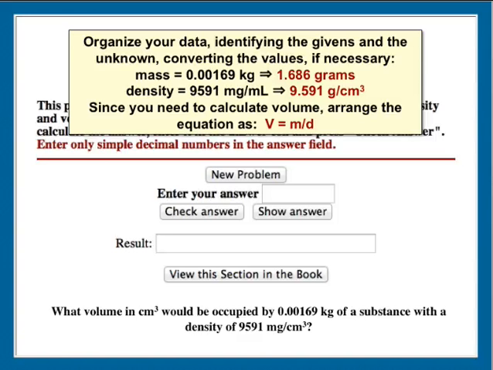The second thing, our density here is given in terms of milligrams. We know that there are 1,000 milligrams in every gram. So we can simply take this number, move our decimal over, and we have 9.5 grams per cubic centimeter.